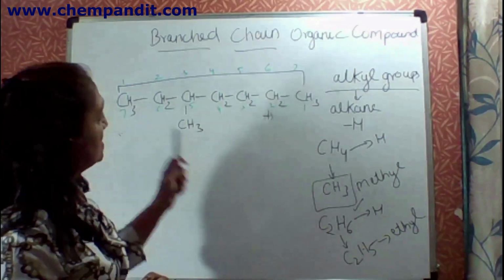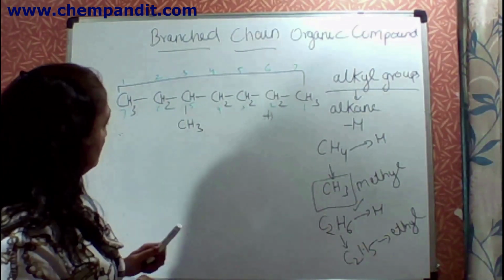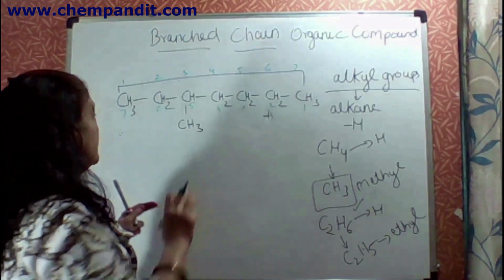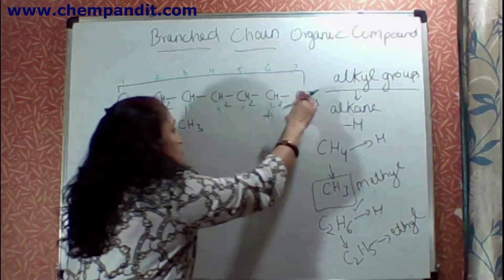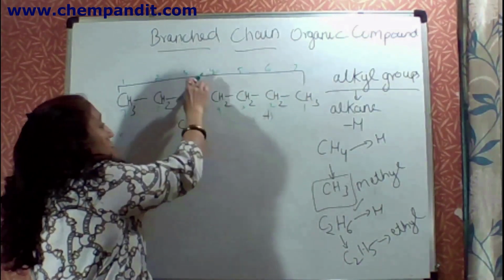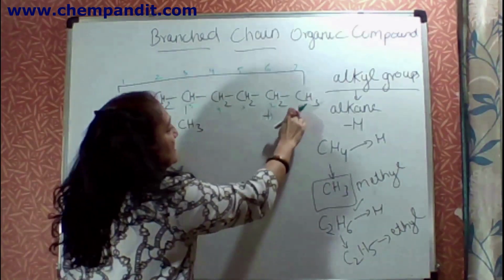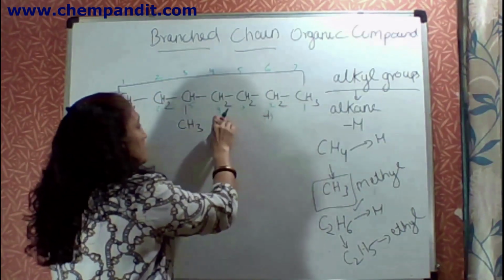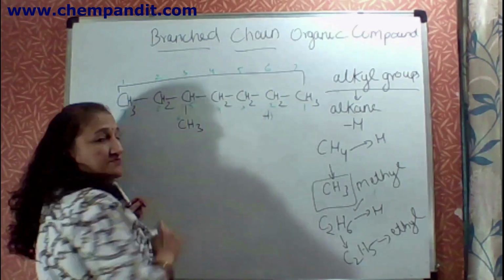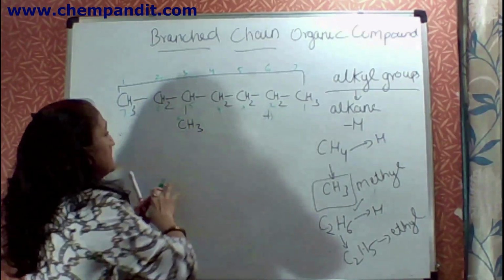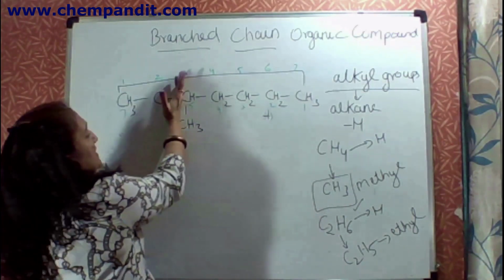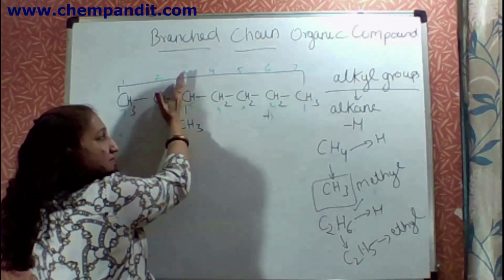Now in a branched organic compound, there are two possibilities. You can count it like this also, but you can count it like this also. Suppose we count it as 1, 2, 3, 4, 5 and 6 carbon. In this case, this remaining part will become the substituent. Are you getting the point?